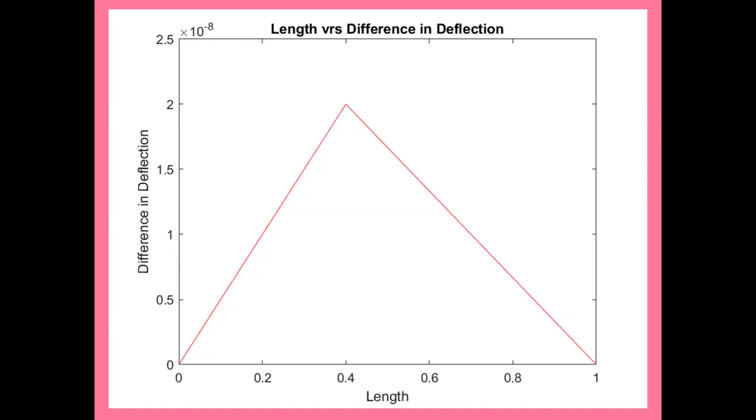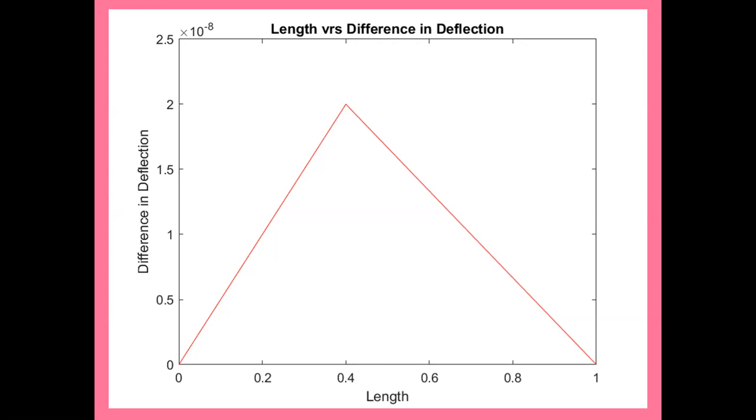But obviously the difference can be further decreased, or you can say that the quality of the solution can be further increased by dividing the domain into a larger number of parts, or by working with a still larger number of nodes.